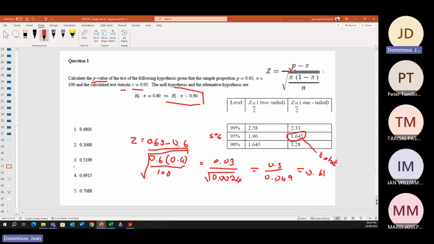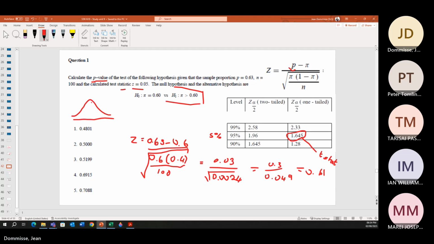Interesting, 0.61 wasn't one of these options, but we're basically going to test, so that we know again is 0.61. So we want that value there, and that is going to be our p-value.